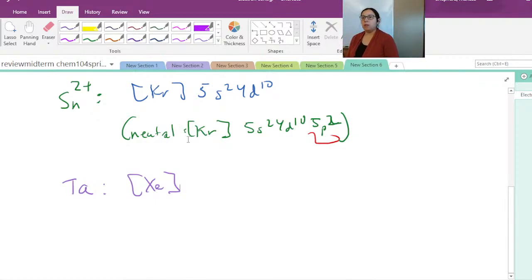Should be all labeled, so xenon, and then what's next? So 6s2, good, and then it doesn't matter which one you write next, but we need to get the total number correct. So what do we need in there?